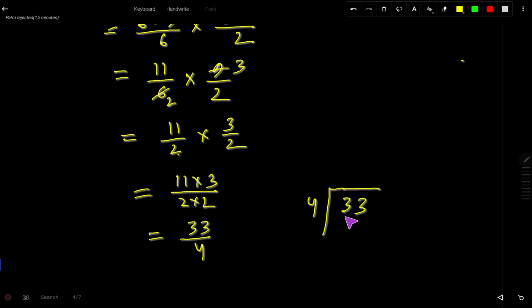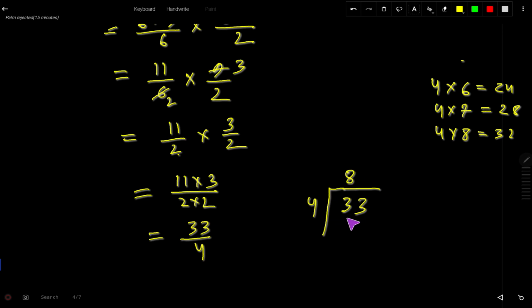Look, 4 times 6 equals 24, then 4 times 7 equals 28, then 4 times 8 equals 32. So 4 goes into 33 8 times.